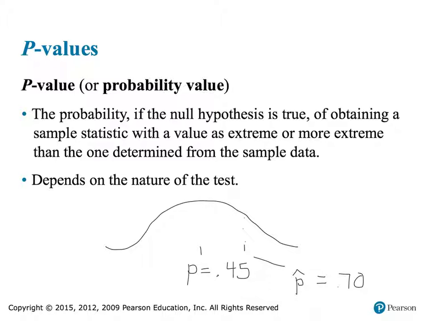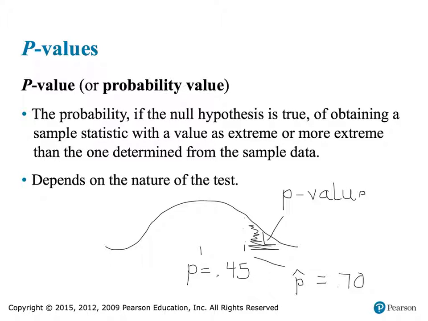Since our belief is that more than 45% run red lights, and we got a sample proportion of 0.70, the area in this tail is what is called the p-value.